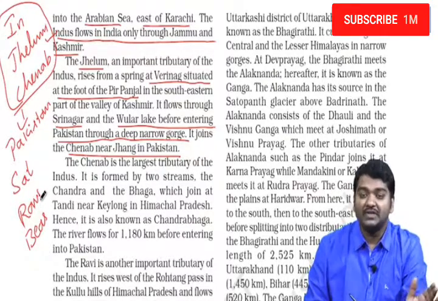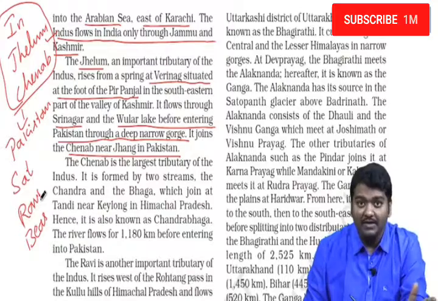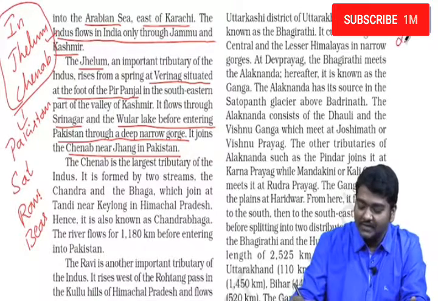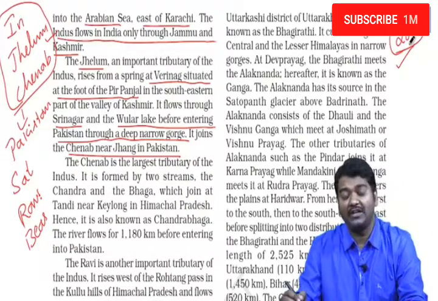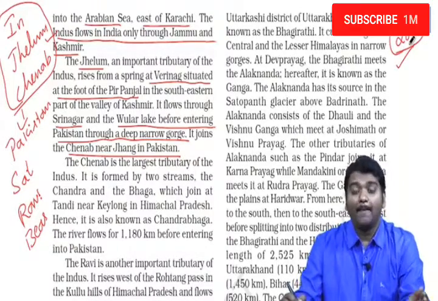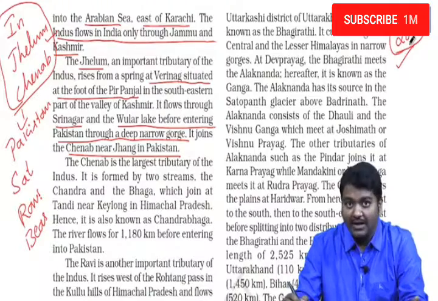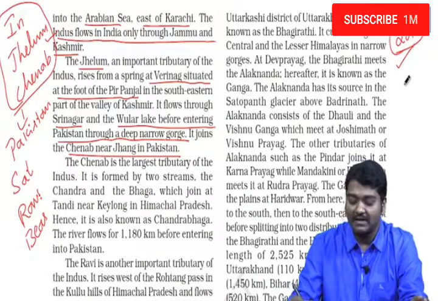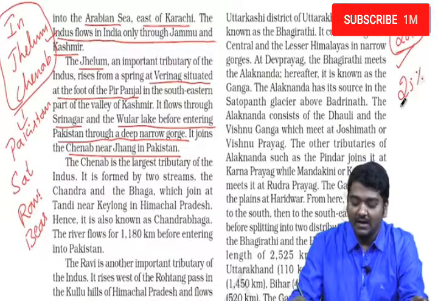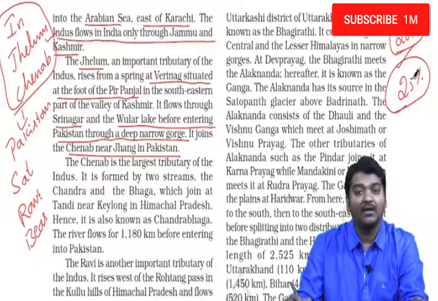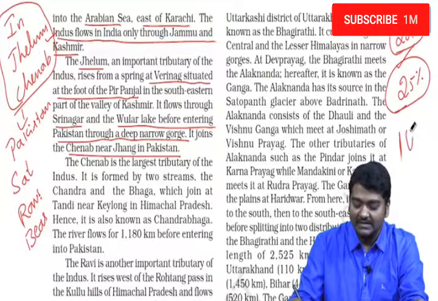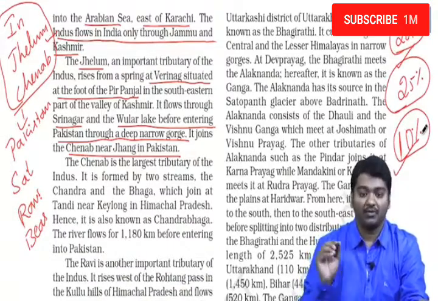So according to the Indus Water Treaty, we say that 20% of the western rivers' water can be utilized by India for irrigation, water purpose and others. But unfortunately, whenever we construct any dam, Pakistan claims that India is going for more than 20%, whereas India says we are under 20% in constructing the dam. So this is what we try to talk about.